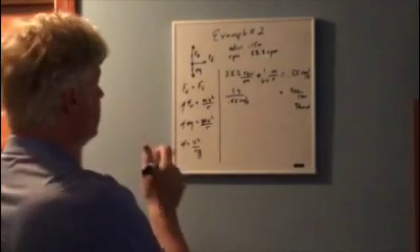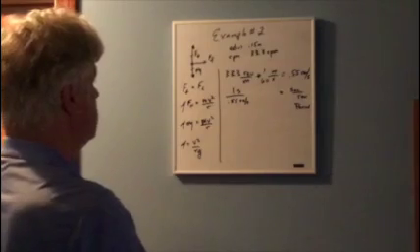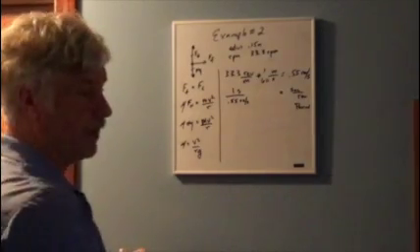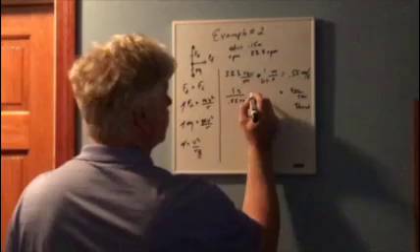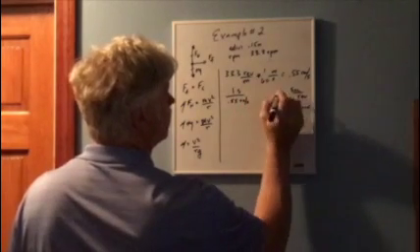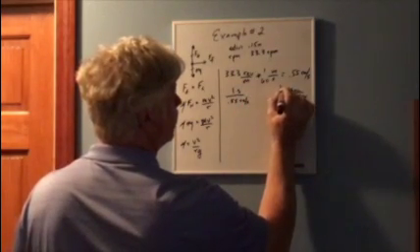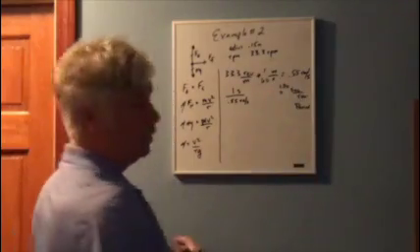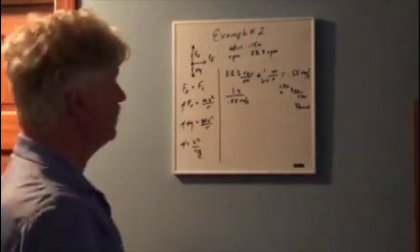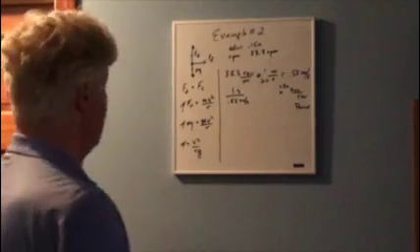So when we divide this out, we get 1.80 seconds per revolution, or our period, or our time.